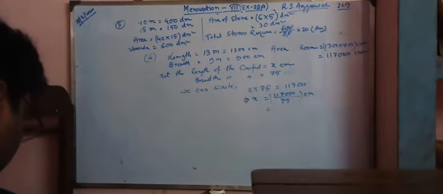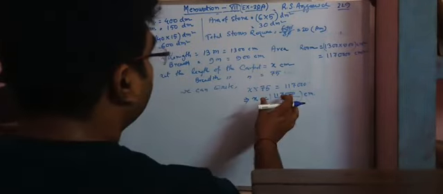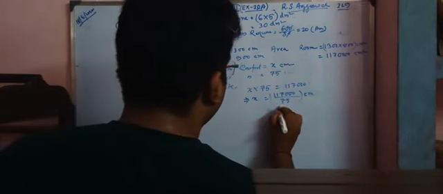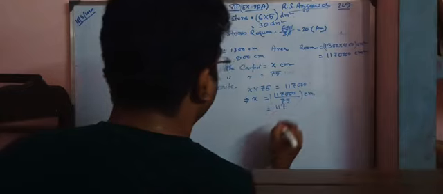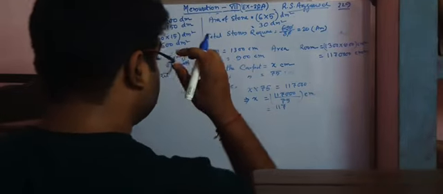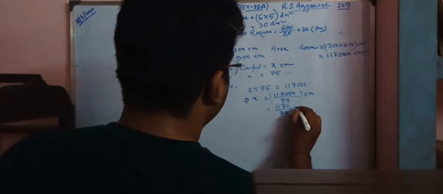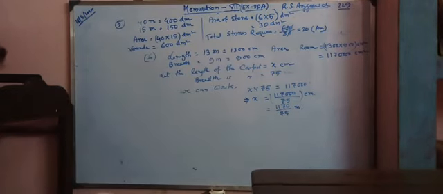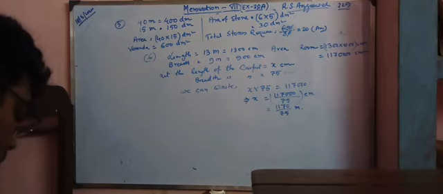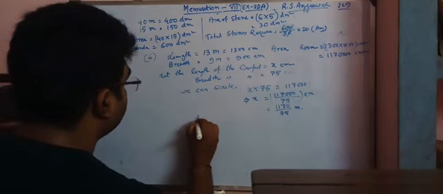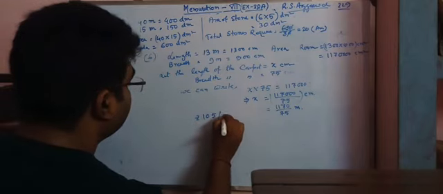Now the cost is given per meter, so again we have to convert the length into meter. That is, x is equal to 11700 by 75 meter. Now the cost of carpeting is rupees 105 per meter.